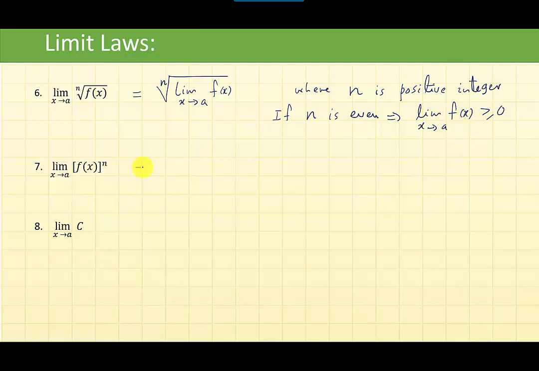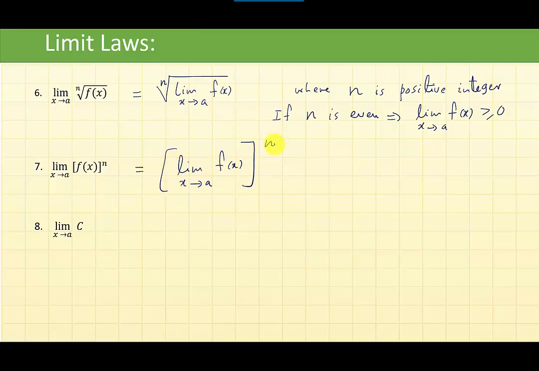The other one is the limit as x goes to a of the nth power of a function. Again, here we can take the limit inside the power: the limit as x goes to a of f of x to the power n.